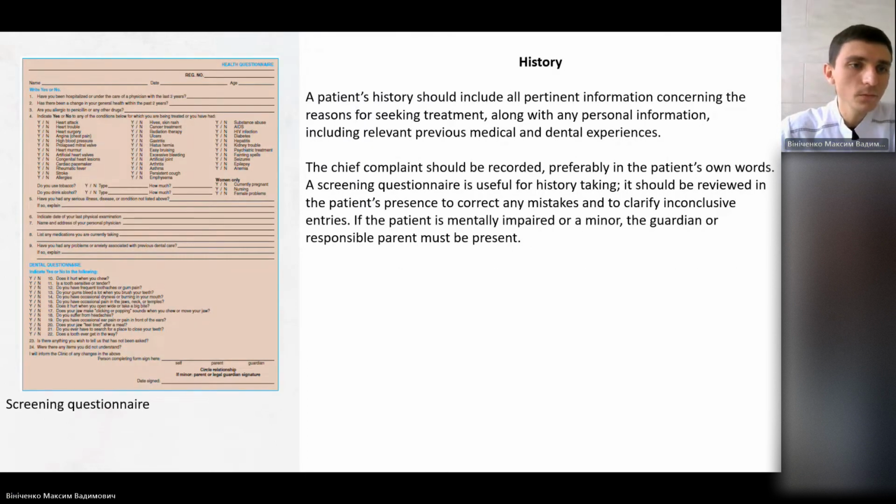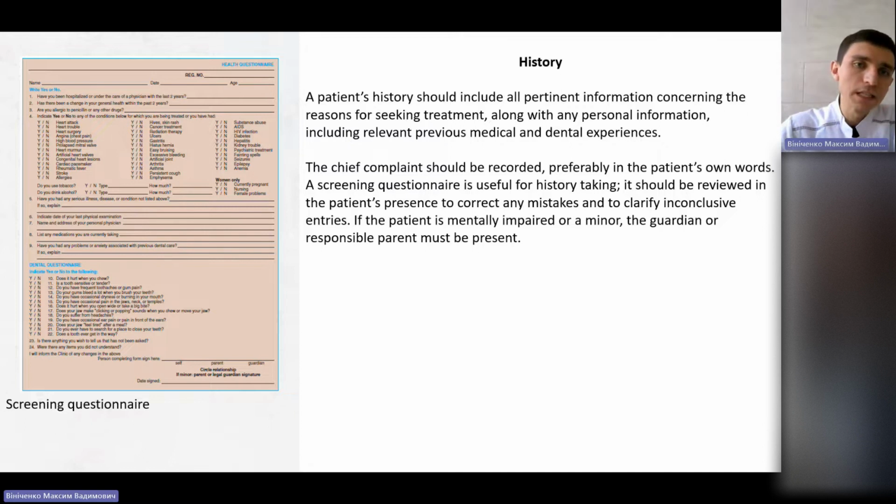History. There is a screening questionnaire. The patient's history should include all pertinent information concerning the reasons for seeking treatment, along with any personal information, including relevant previous medical and dental experiences.